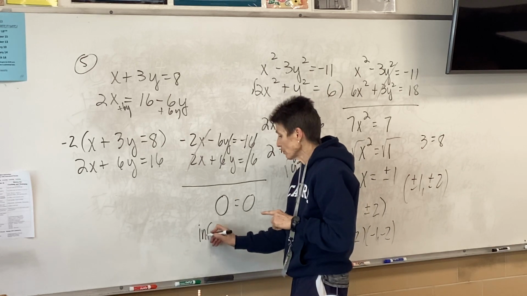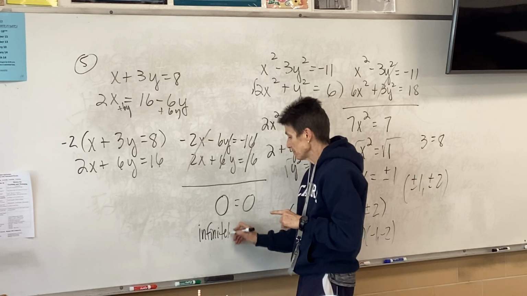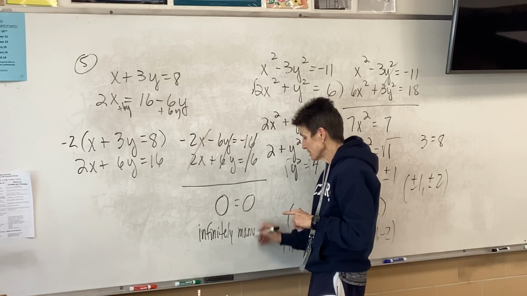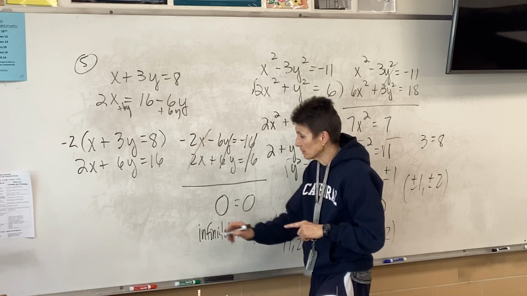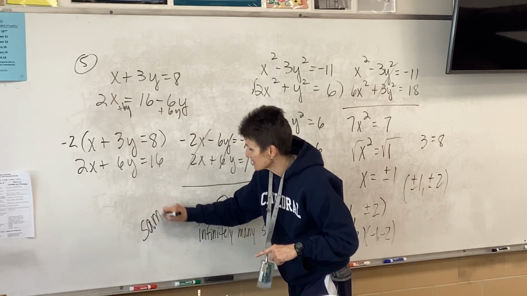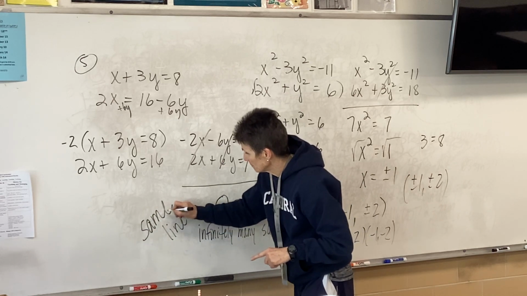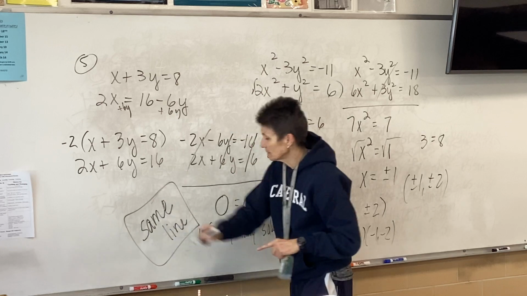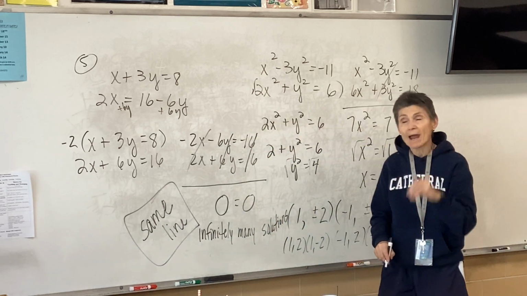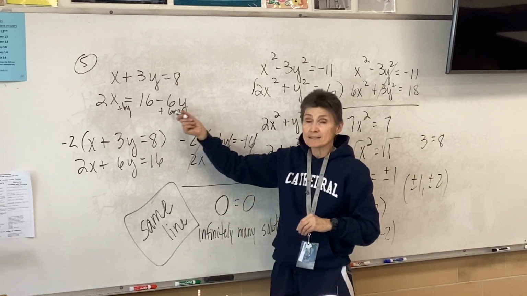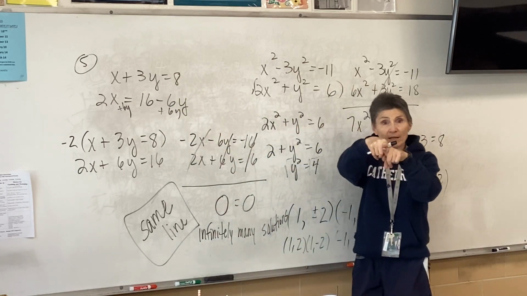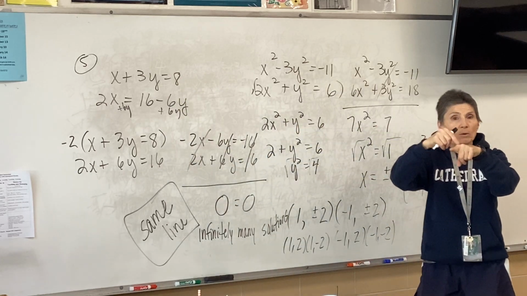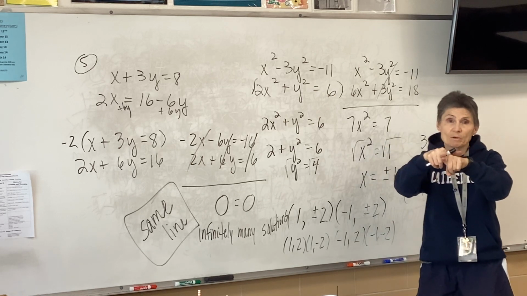So you are either going to write infinitely many solutions, or it might be easier for you to simply write, these are the same line. They are the same line. If you graphed these 2 lines, they would be right on top of each other. So where do they cross? Infinitely many points. Every point on the line is where they cross.